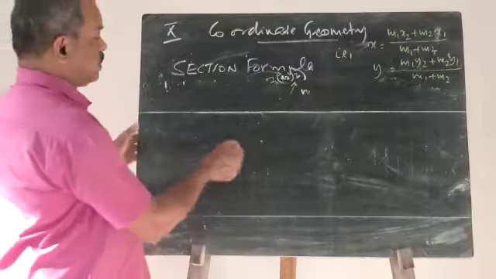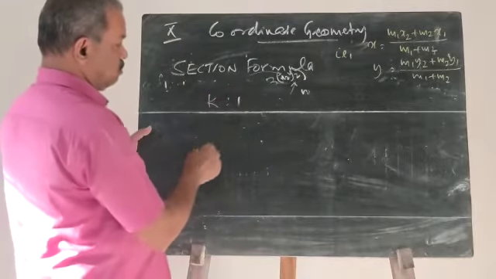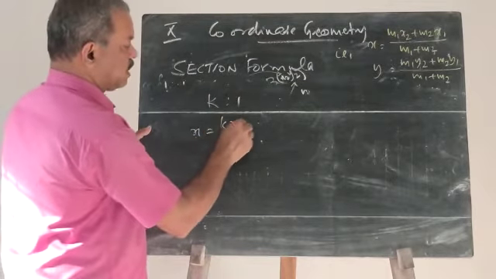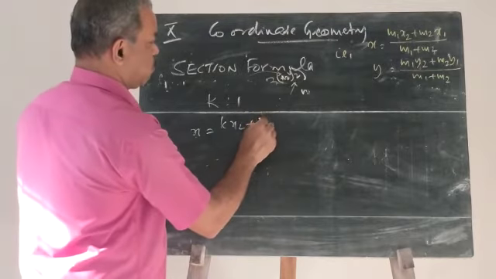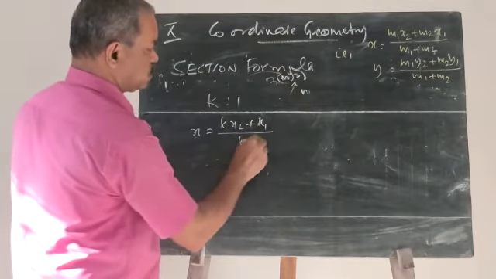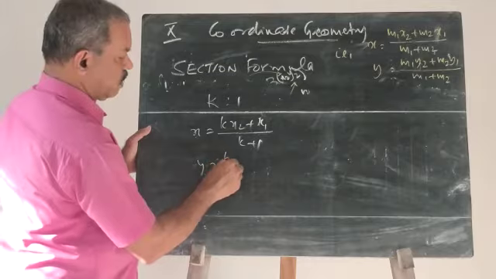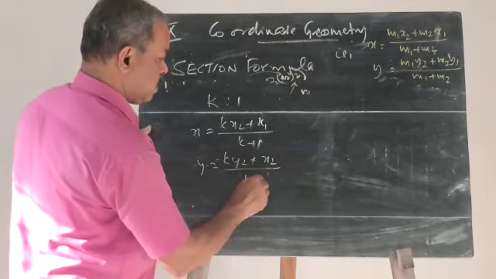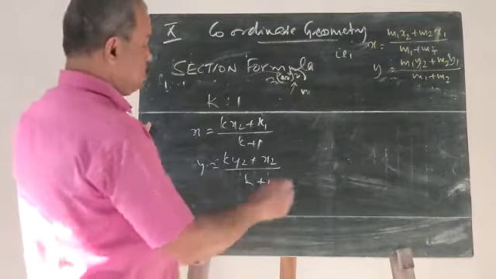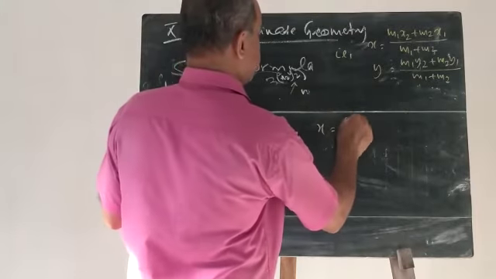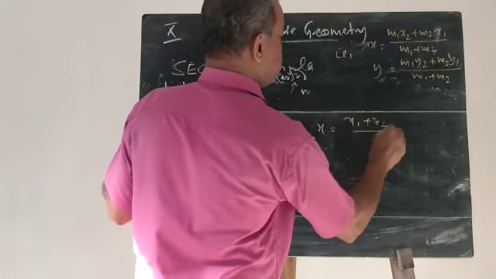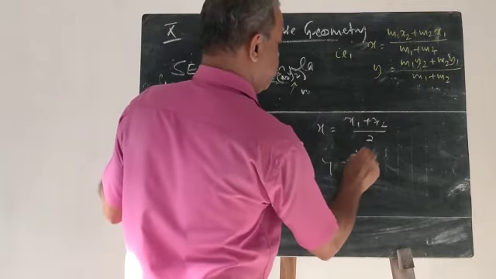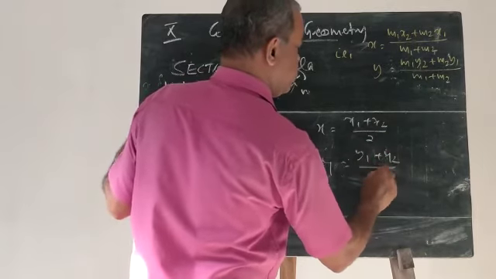The special case k is to 1: x equal to (k x2 plus x1) by (k plus 1), y equal to (k y2 plus y1) by (k plus 1). Midpoint: x equal to (x1 plus x2) by 2, y equal to (y1 plus y2) by 2.